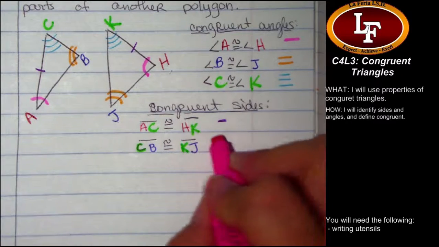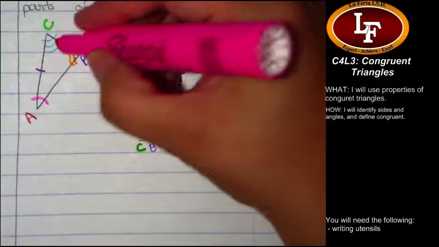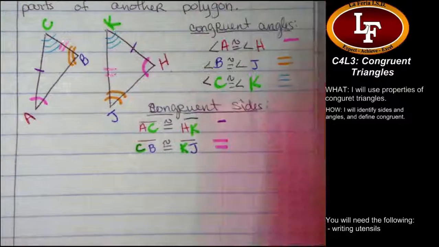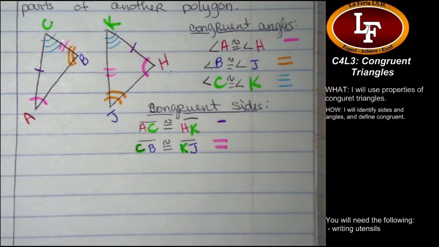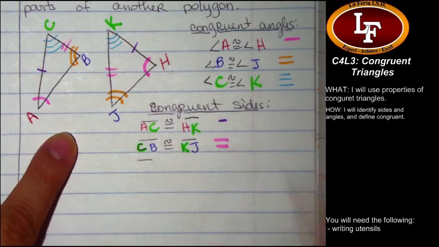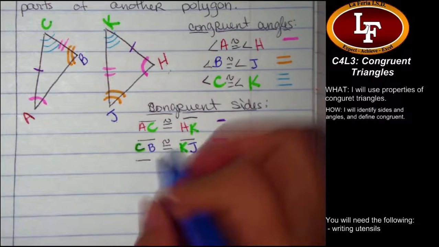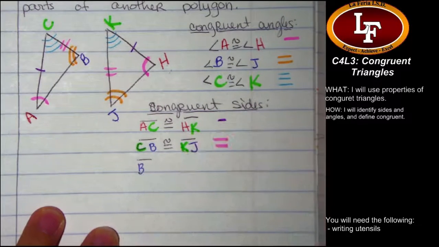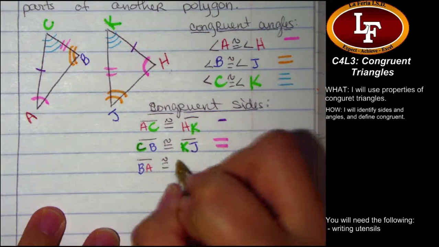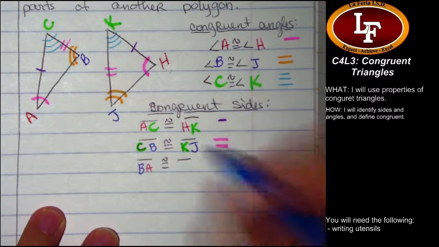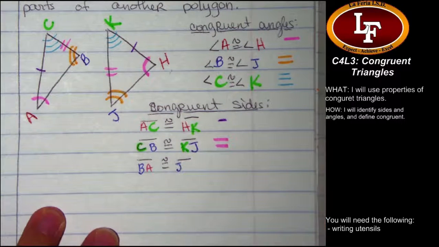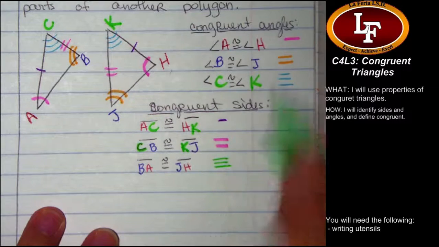Now I'm going to mark this one with two lines. And then our final segment. Our final side is found between vertices B and A, and it will be congruent to the side in the other triangle between the corresponding vertices J and H. I will mark these guys with 3 lines.